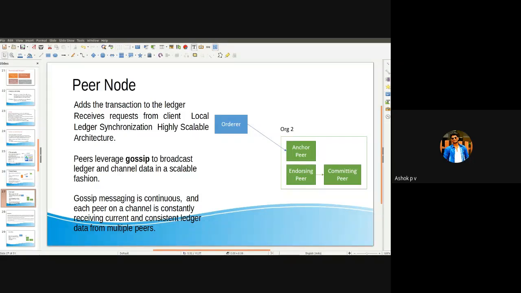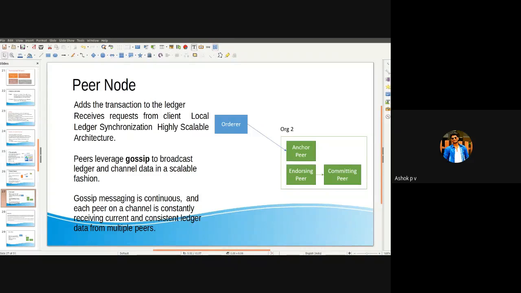There is a very big advantage of this Google Kubernetes as well. And we have this anchor peer as well. The anchor peer is nothing but a starting point where the orderer orders the peer to distribute the transactions. And there's something known as gossip. The gossip protocol is nothing but a continuous messaging service that maintains receiving the particular transactions done by different users from multiple peers as well.